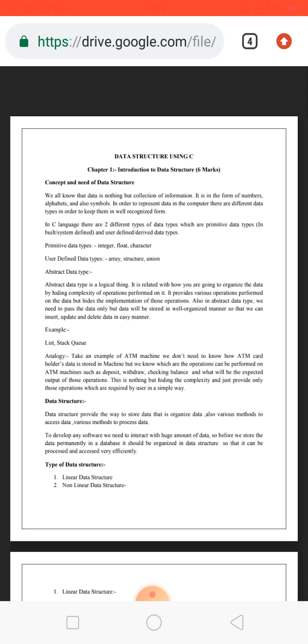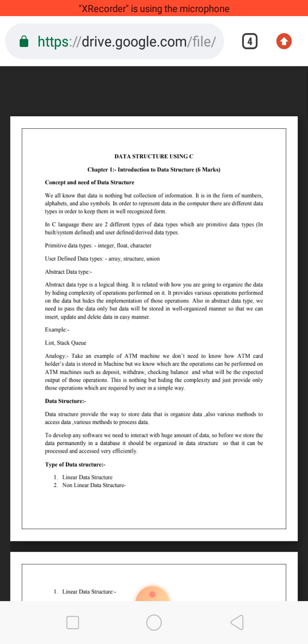One example of abstraction is ATM operations. You don't need to know how those ATM operations perform internally, but you need to know how to enter your PIN and how to perform various operations like withdrawal, deposit, and balance checking.